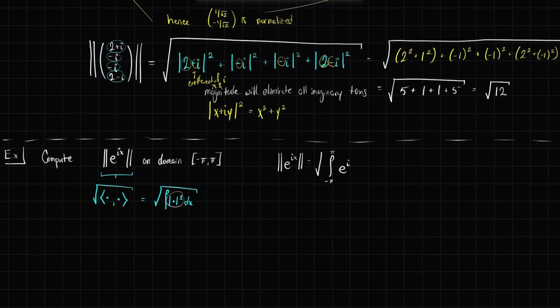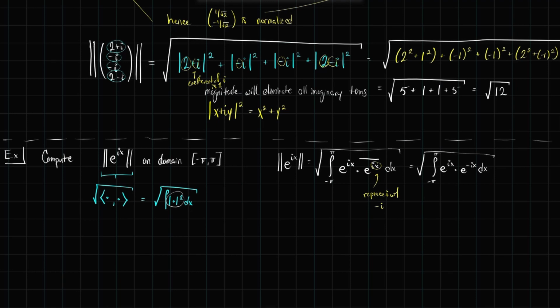So this is e to the ix times e to the ix conjugate dx. And since the conjugate is showing up, I'm replacing i with negative i. I have e to the ix, e to the minus ix, dx.